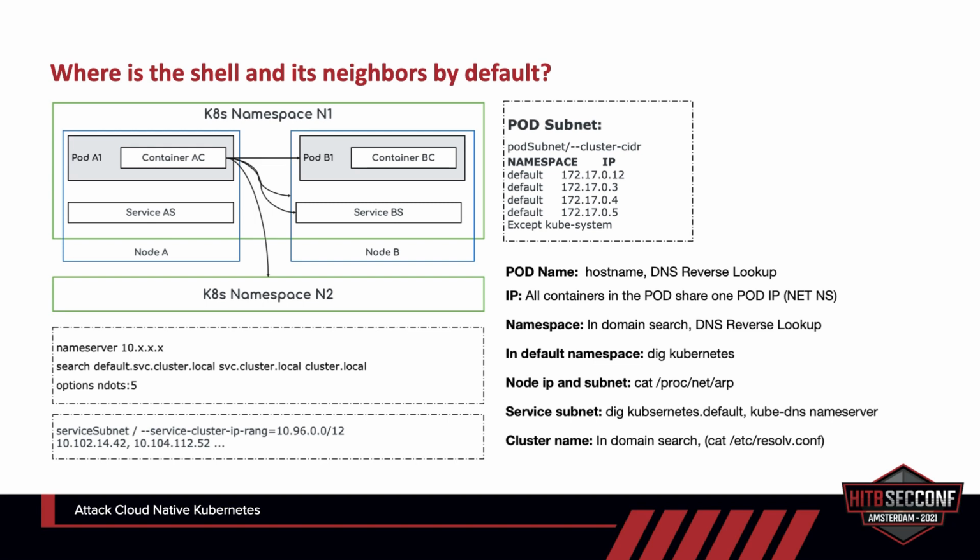Later, we will introduce multiple attacks against the node server of K8s, and the IP information of the current node server will be obtained from the ARP cache table of the current container. The default service and the Kubernetes service in the default namespace, and the IP pointed to by Kubernetes, can also be used to infer the IP subnet of the K8s service.